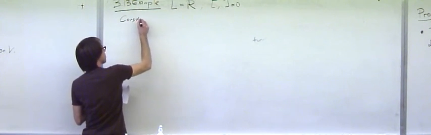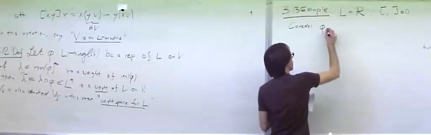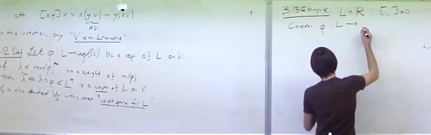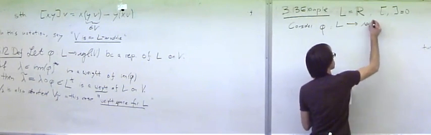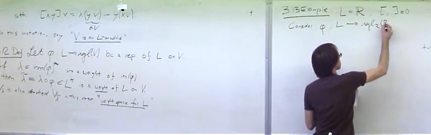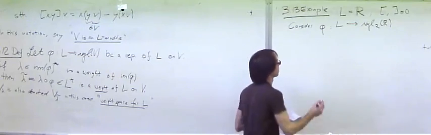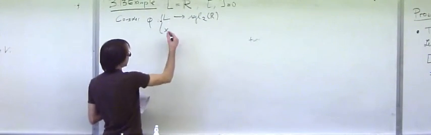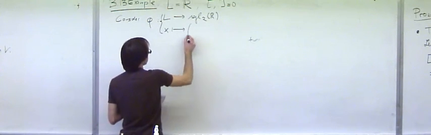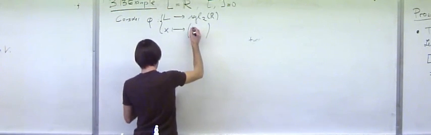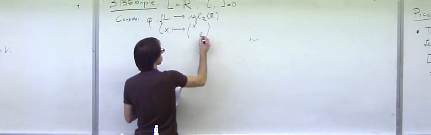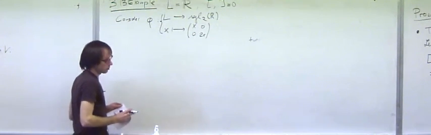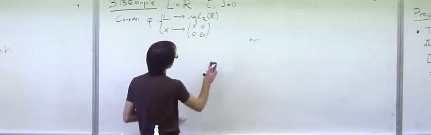And we consider the following representation, phi. This is a representation on R^2, which sends an element x of the Lie algebra, so a real number, to the diagonal matrix with entries x and 2x, and 0 on the off-diagonal components.